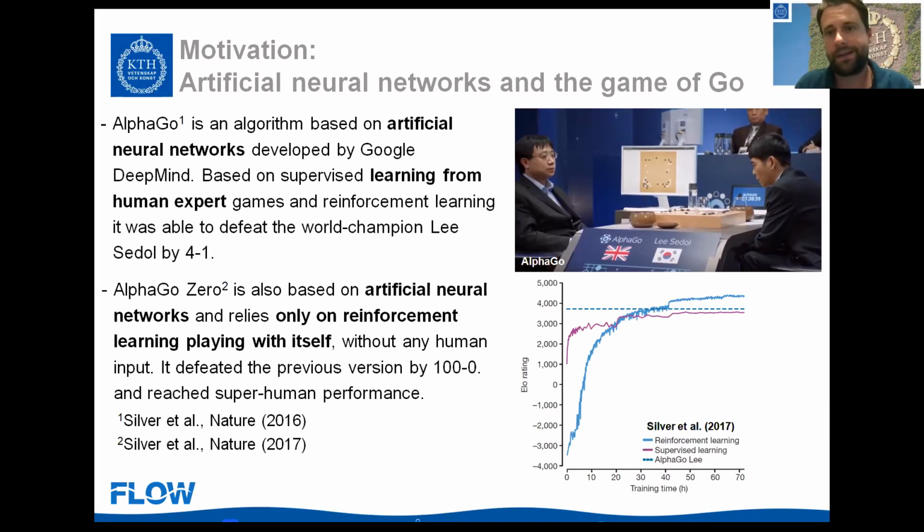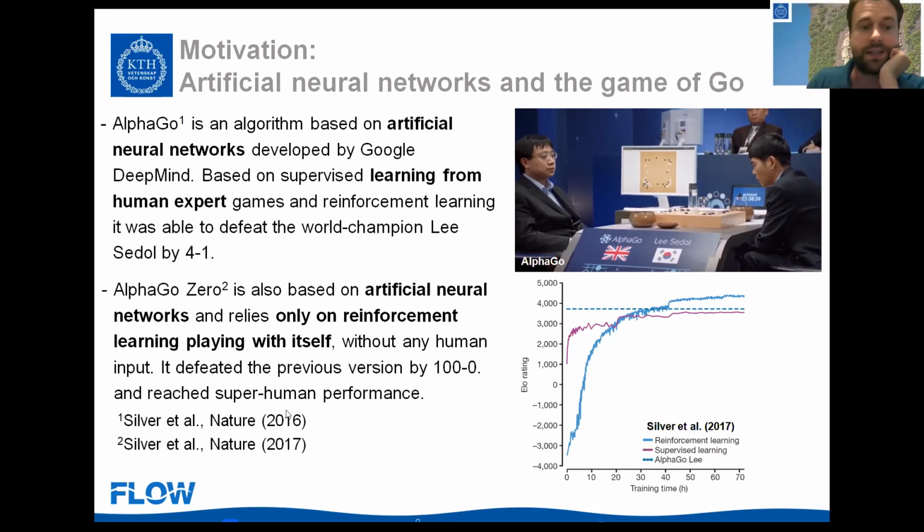They were observing these games, and then AlphaGo developed the best strategies. Here we can see a photo of AlphaGo playing against the world champion, Lee Sedol, and AlphaGo won by 4-1, which was a big accomplishment of deep learning.